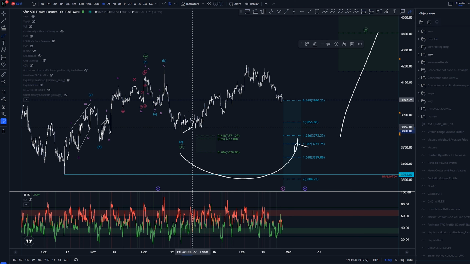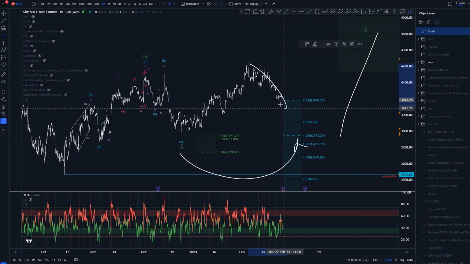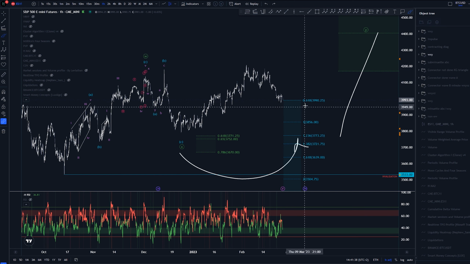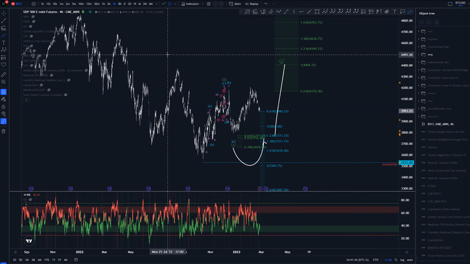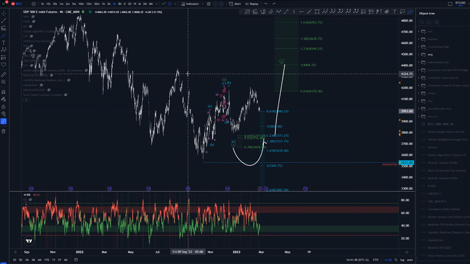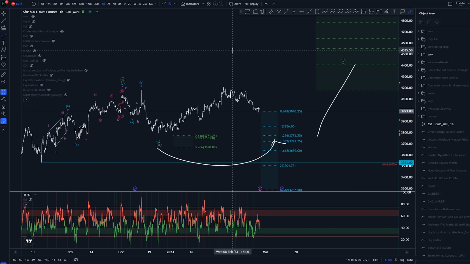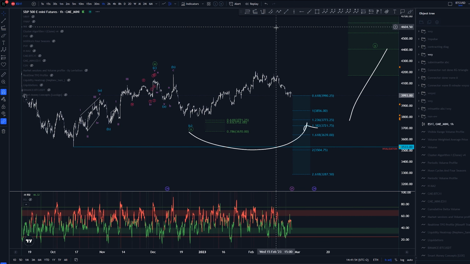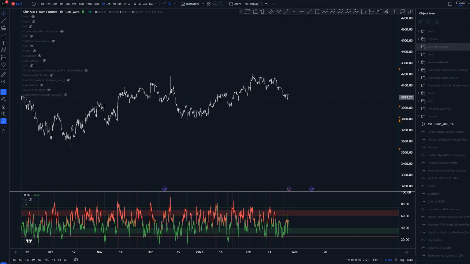Of course, it is possible that wave Y is already at these peaks, and if it indeed is an impulse wave structure, we would be impulsing down and starting to fit more with the previous trend that was downwards here. So again, we'd be looking for higher degrees and the higher time frame counts that I've been presenting before as well. But that is just one idea.